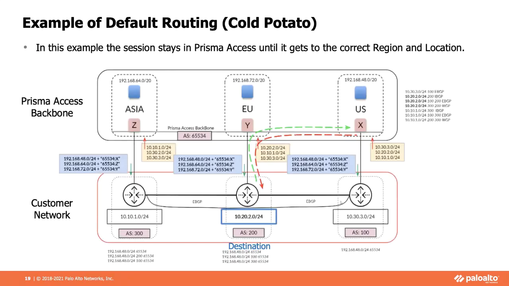So the default routing, again, we're going to use our routing infrastructure, our Prisma Access backbone, as long as possible to get from one site to another. In this example, let's assume we have a mobile user hitting a MUSPN here in blue, and they need to talk to a user in a remote network in Europe.